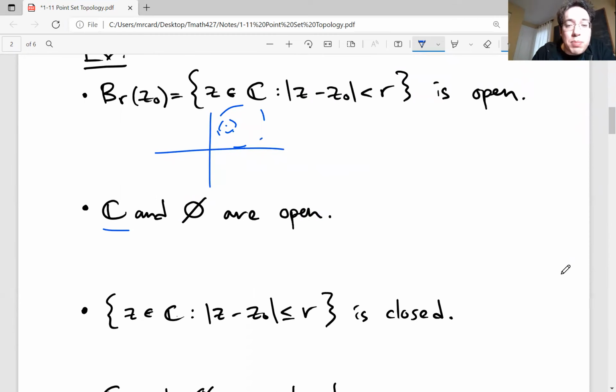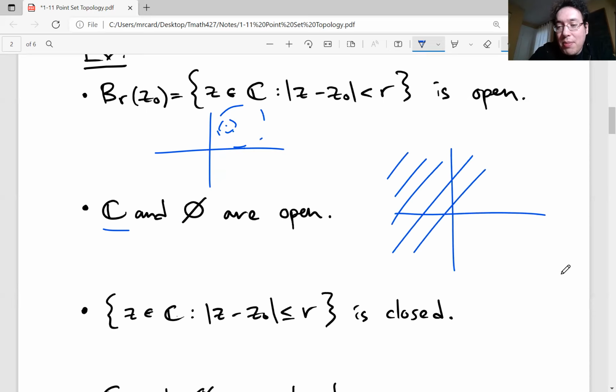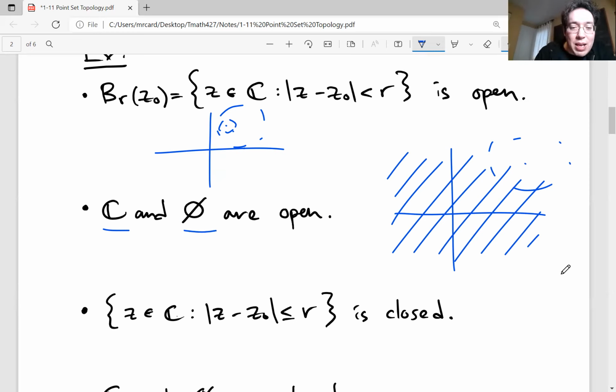The entire complex plane is considered to be open, right? So if you're looking at everything, then you can pick any point and pick any radius you like. It's gonna stay within the plane, so it's gonna be open. What's weird is the empty set.